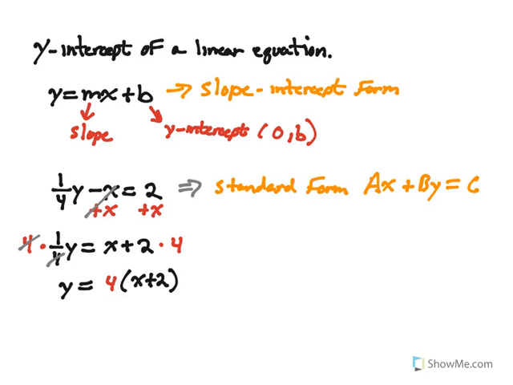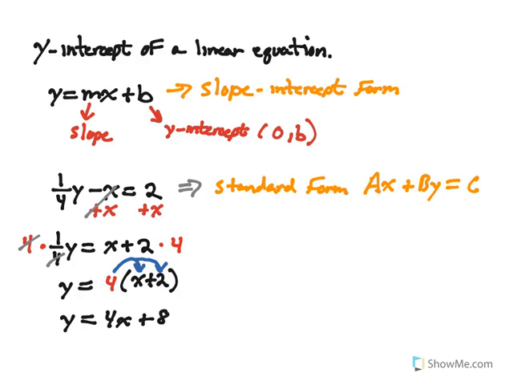It's not 2 times 4. It's 4 times the whole polynomial x plus 2. We have to distribute the 4 over the x and the 2 in the parentheses. When we do that, you're left with y equals 4x plus 8.